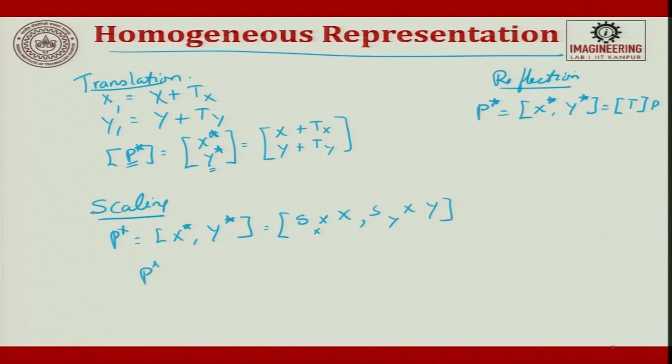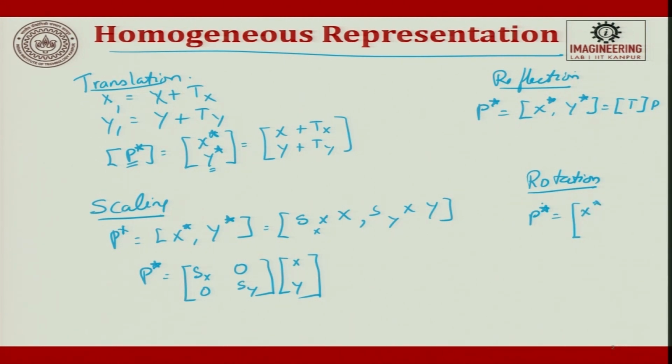This is represented as the matrix Sx 0 0 Sy multiplied by x and y. When we talk about rotation, it is P star. These are the transformations which we saw: cos theta, minus sin theta, sin theta, cos theta, which will be multiplied by x and y.